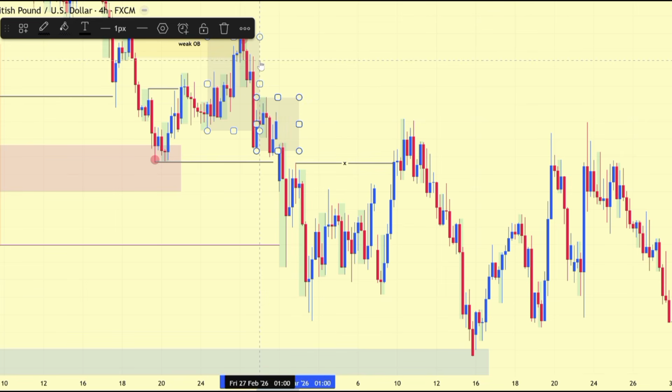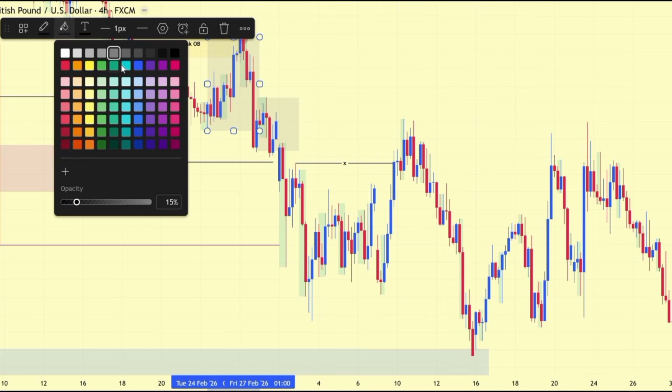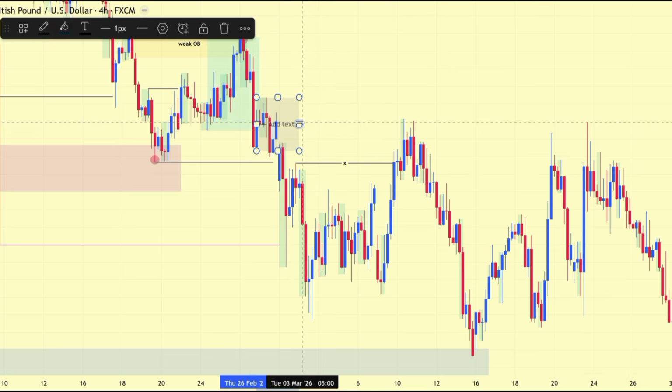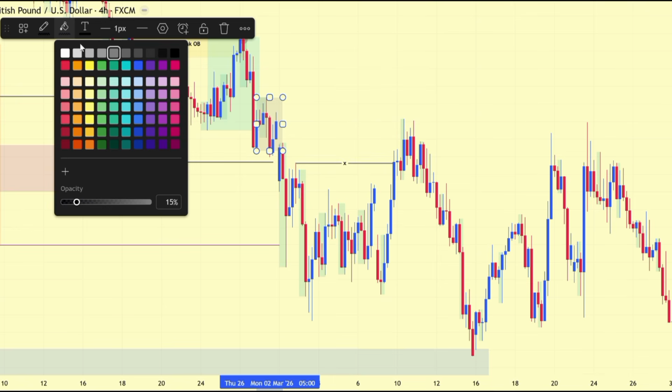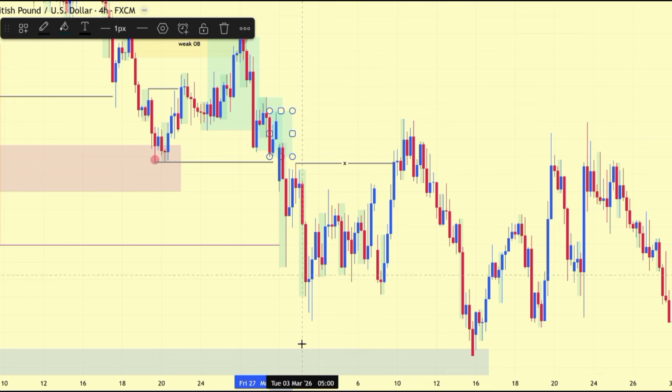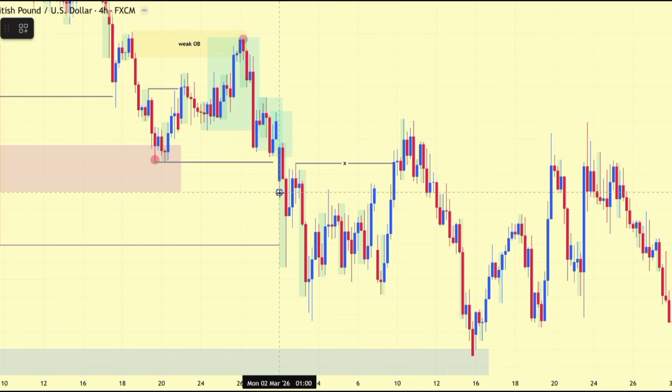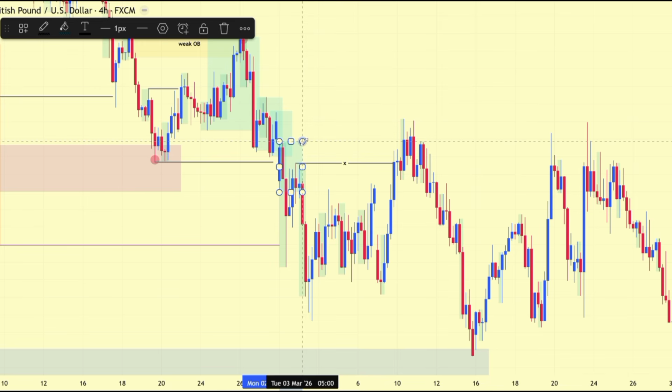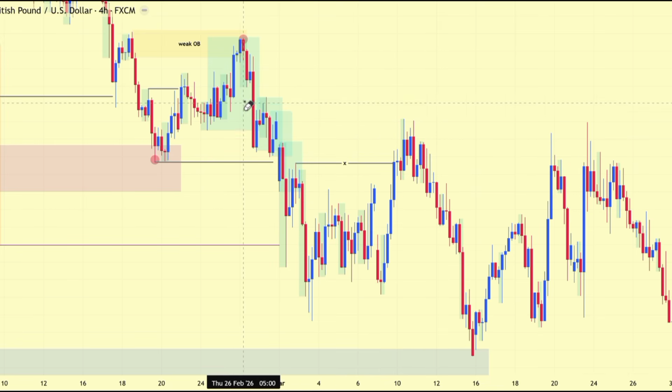If it's mitigated, I usually like using this color representing invalid. Same to this one, invalid. So right here, there is no order flow that is valid in our case. This here is also invalid, and this one invalid as it was mitigated by this inducement pullback. So there are no valid order flows here, and we should stick with the order blocks.